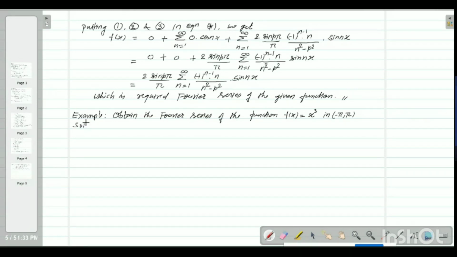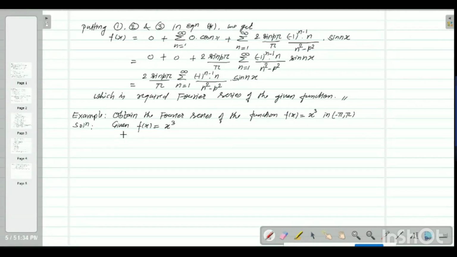Solution of this. First of all, just write down your given function. Given f of x equal to x cube. Just check whether this function is even or odd. Directly you can see that this function is an odd function by the definition of odd function.